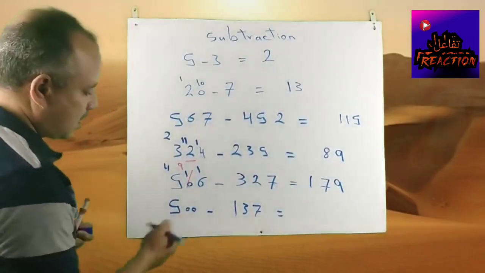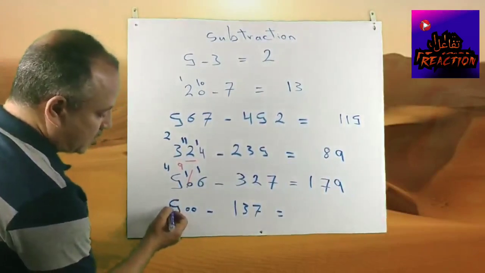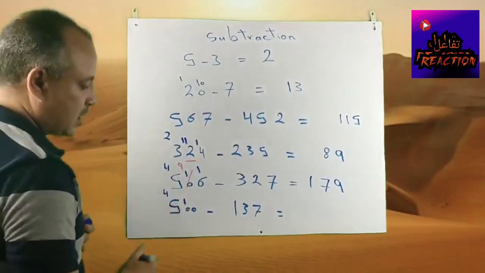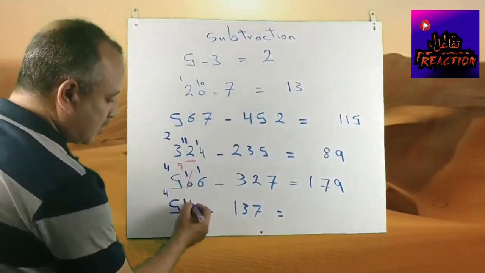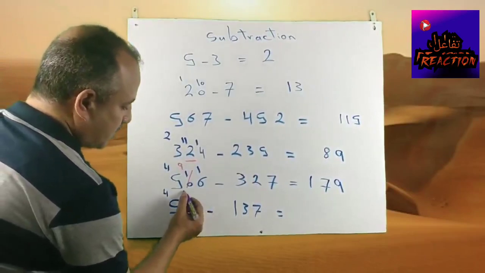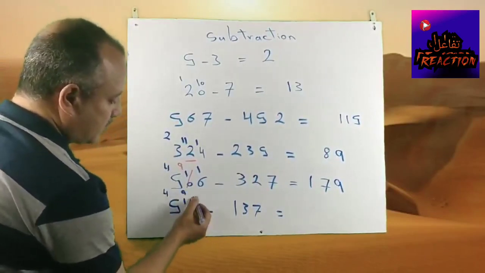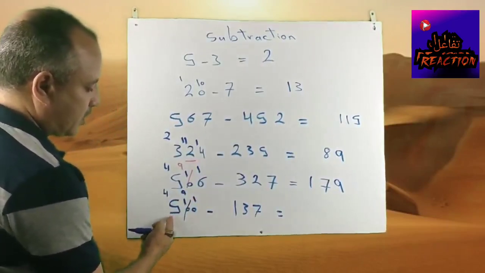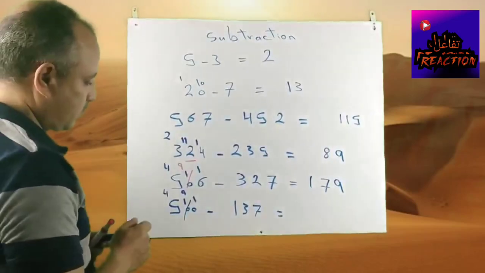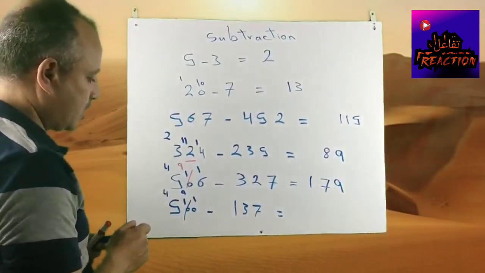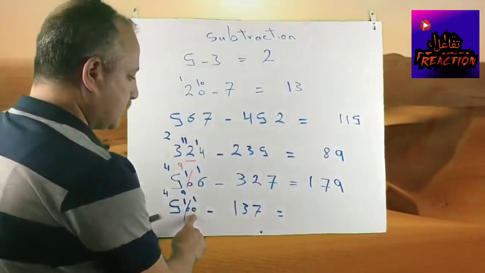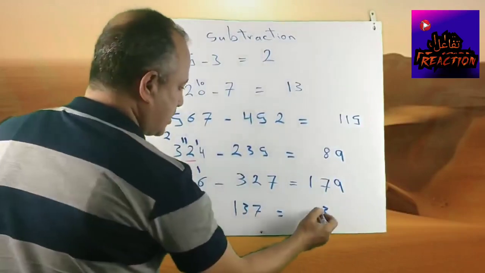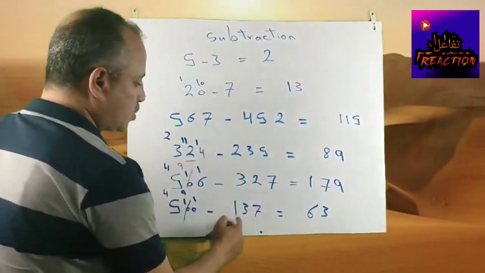So this 0 will borrow from 5, so the 5 will become 4, and the next 0 will become 10. After that 0 becomes 10, it lends to the last 0, so it becomes 9, and the last 0 becomes 10. So we have here 10, here 9, and here 4. 10 minus 7 is 3, and 9 minus 3 is 6, and 4 minus 1 is 3.